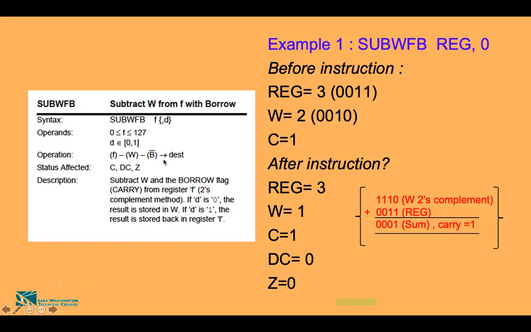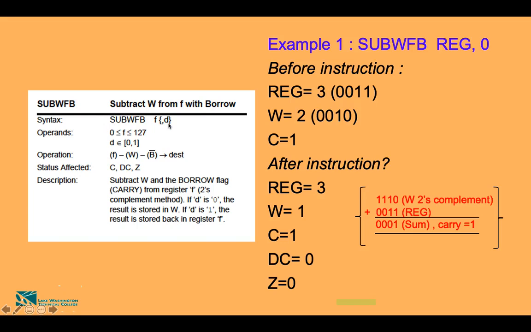Now next, we have SUBWFB. So this states subtract W, the working register, from file register, which is F, with borrow. Subtract working register from file register with borrow. And this is the syntax for this particular instruction.